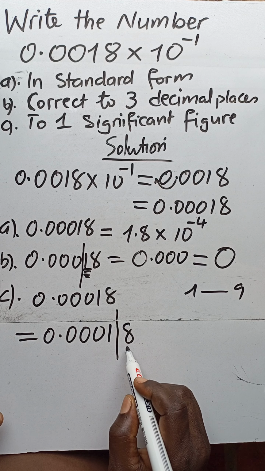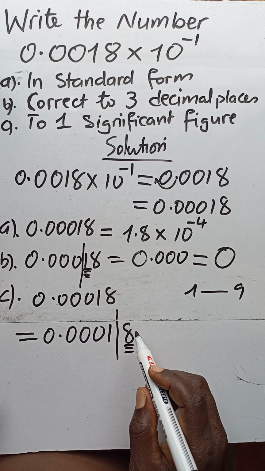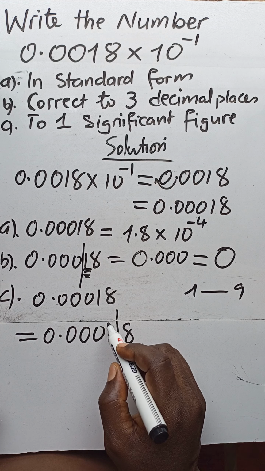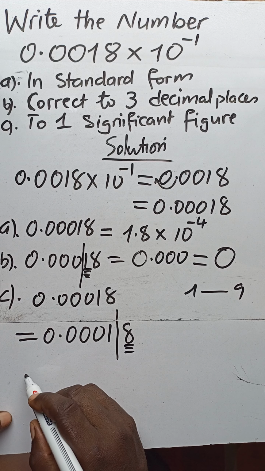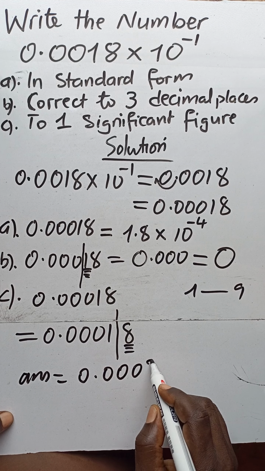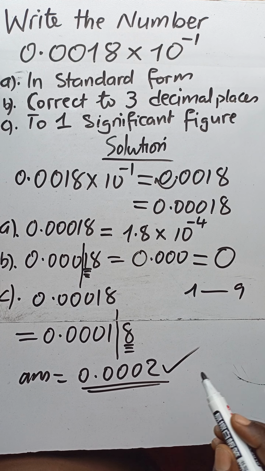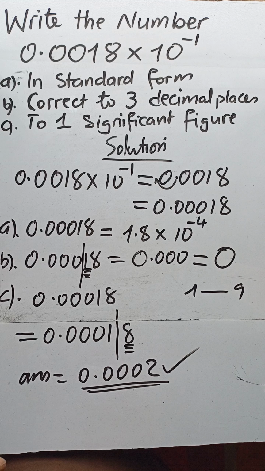We'll draw a vertical stroke and we check the digit immediately after that stroke. We see that it is more than 5, so we round it up to 1 and put it to the digit immediately before the stroke. And so our answer here will be 0.0002. So this number to one significant figure is 0.0002.